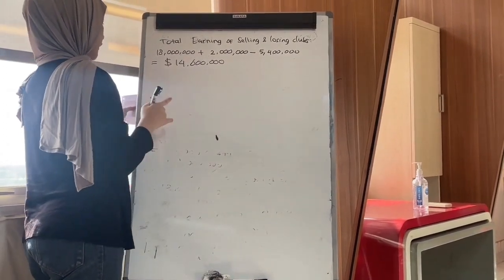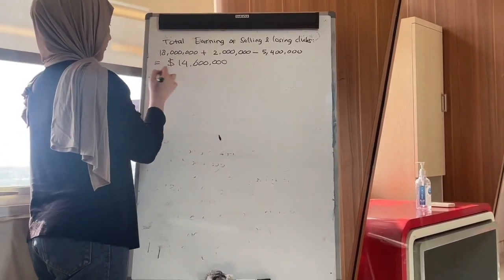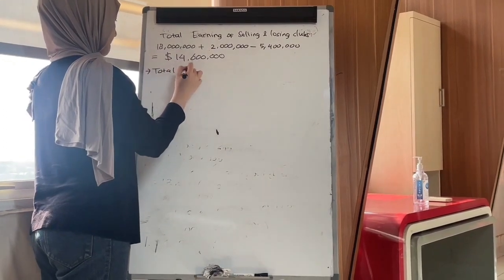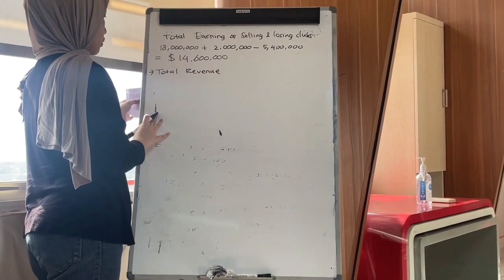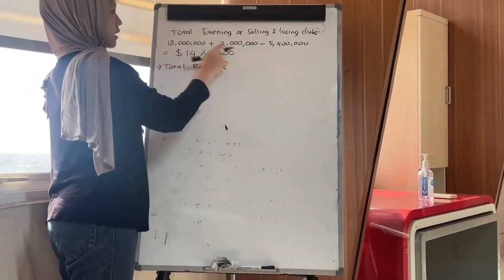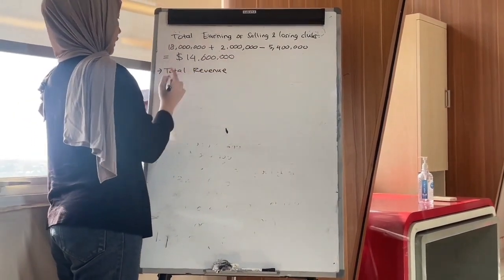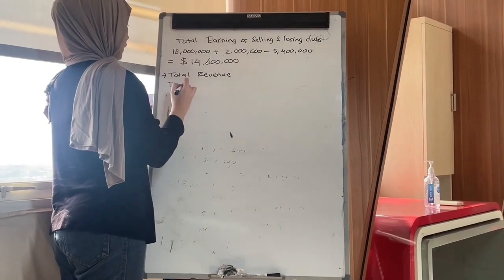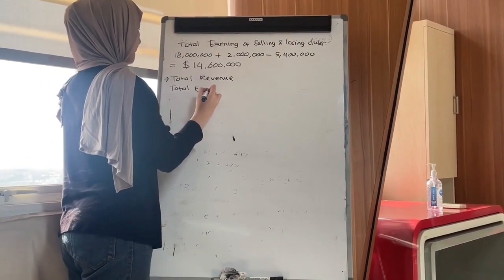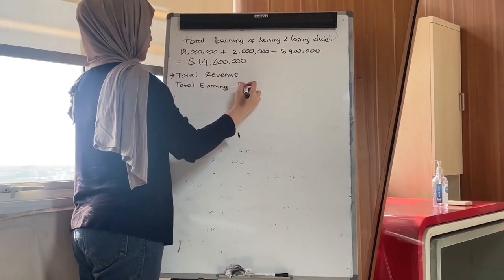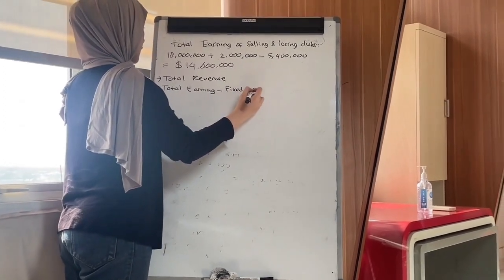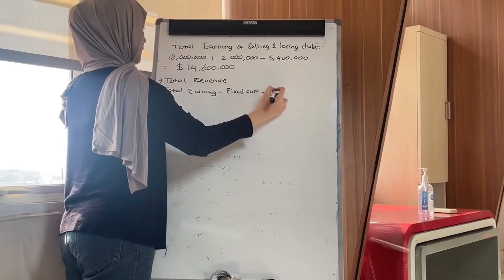To get the total revenue, we need to take this total earning from selling clubs, minus the fixed cost, minus depreciation.